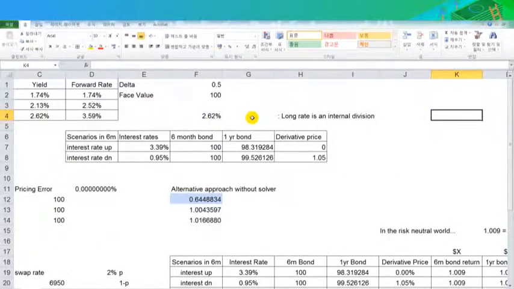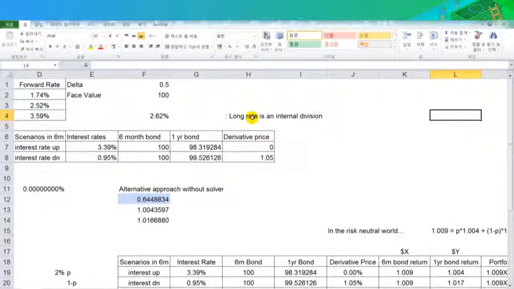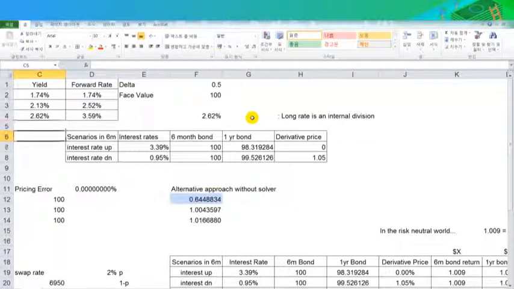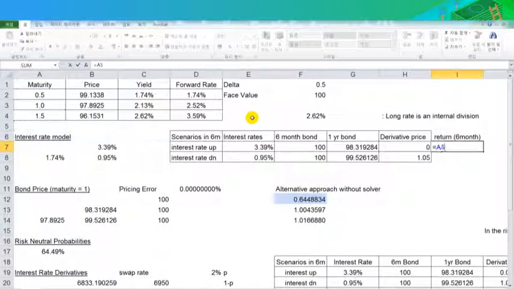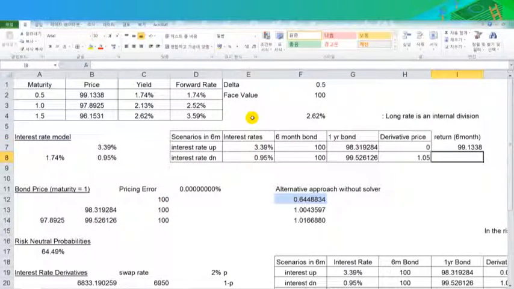So now let's make everything in terms of return. If you invest in the 6 months bond, the return of the 6 months bond is, because today's 6 months bond price is this one, and this one becomes 100.